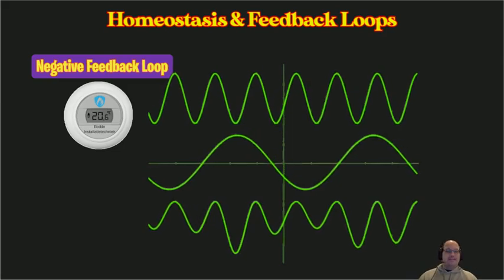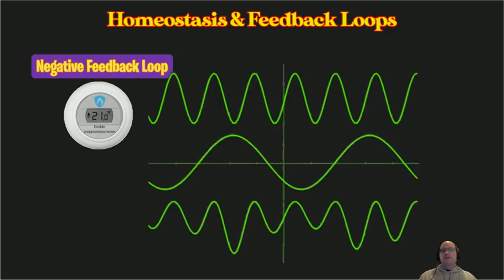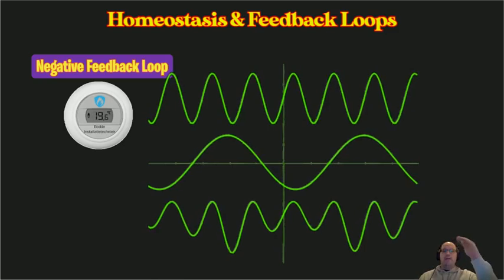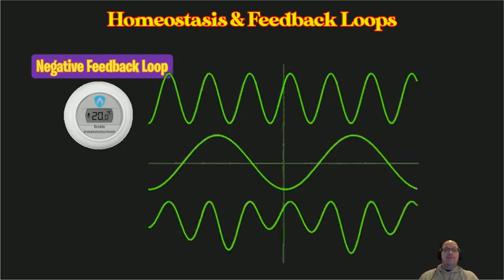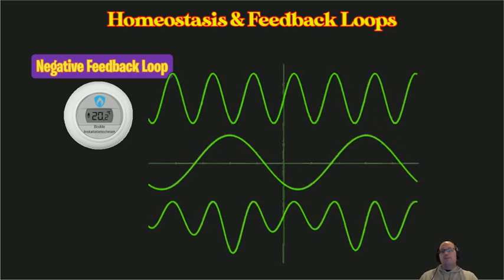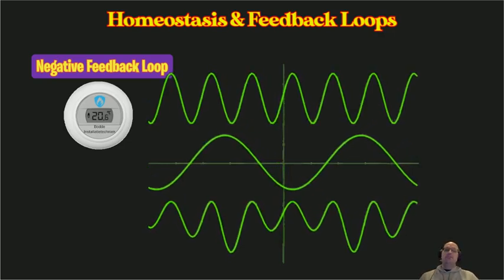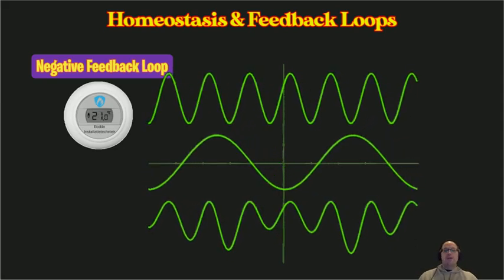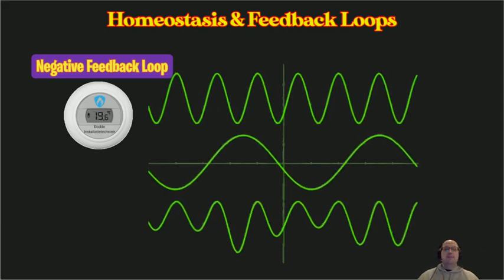It's never exactly the same at any one particular hour of the day. It's going to change frequently throughout the day. It's going to wobble back and forth between a higher limit and a lower limit. And when we graph that over time, that gives us that concept of a wave function, because when the temperature gets too hot, the negative feedback loop kicks in, tries to cool things down. And when it gets too low, it either shuts off or it kicks in some warming up sequences. They're going to raise that temperature back up.